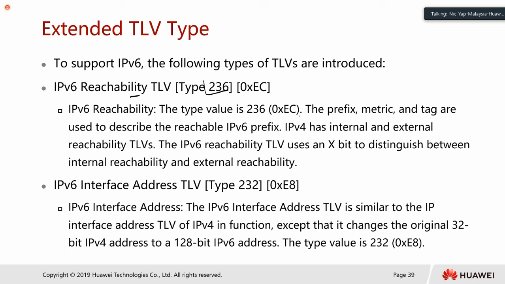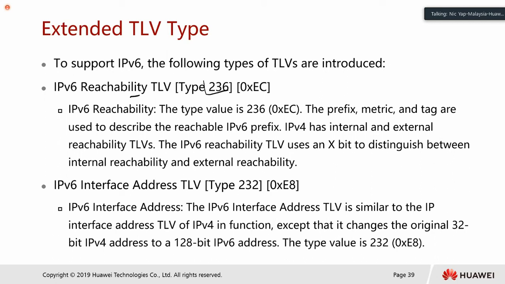The prefix, metric, and tag are used to describe the reachability of the v6 prefix, and also internal and external reachabilities. So for the internal route and also the external route, it means within your ISIS, and external when they are imported into the internal. That is where they come from for the IPv6 reachabilities.